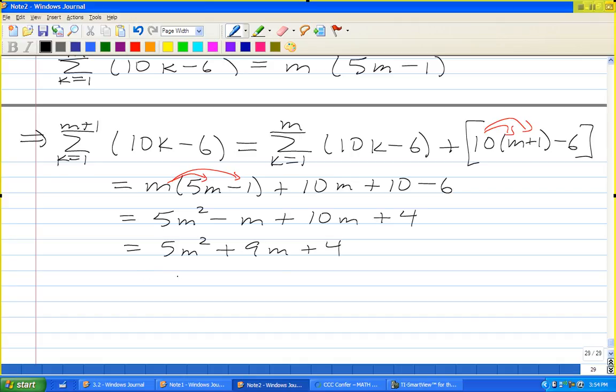And so let me factor this. This factors as m plus 1 times 5m plus 4. So you get 5m squared plus 4m plus 5m is 9m plus 4.